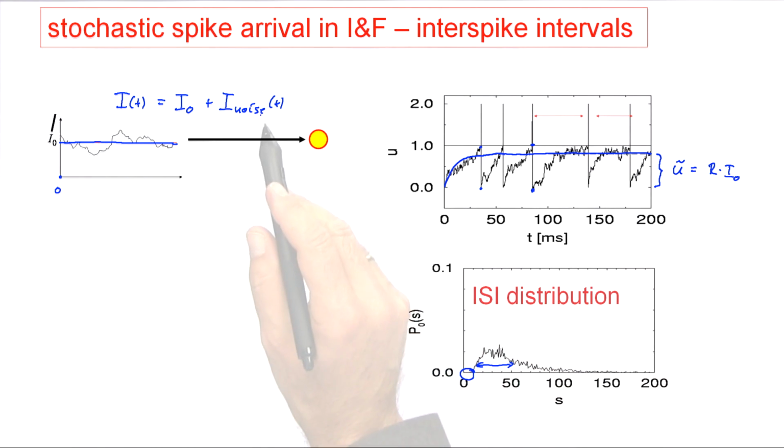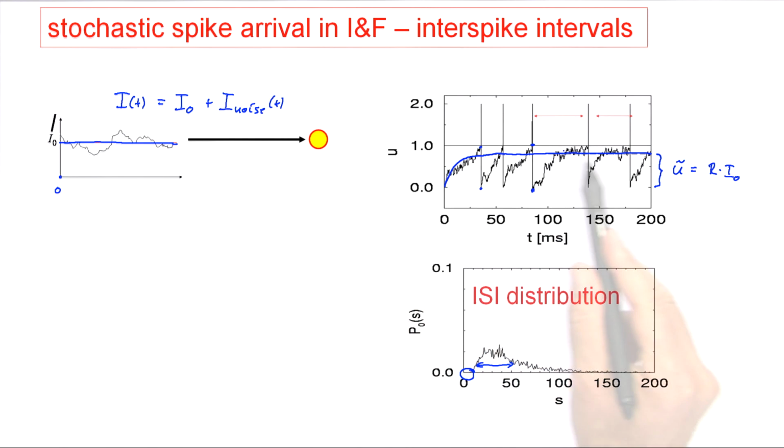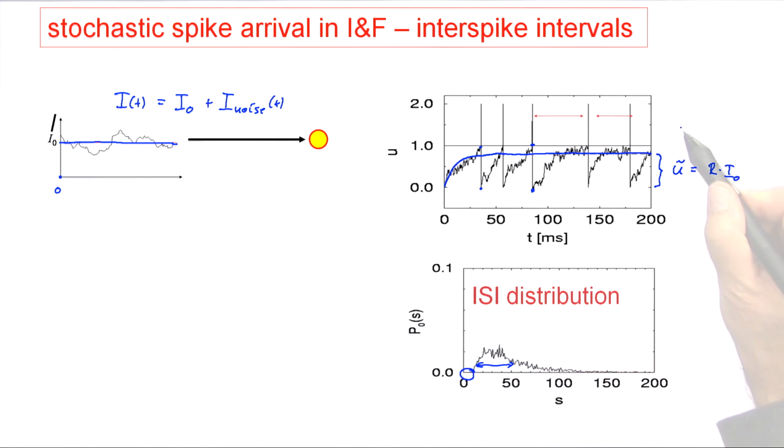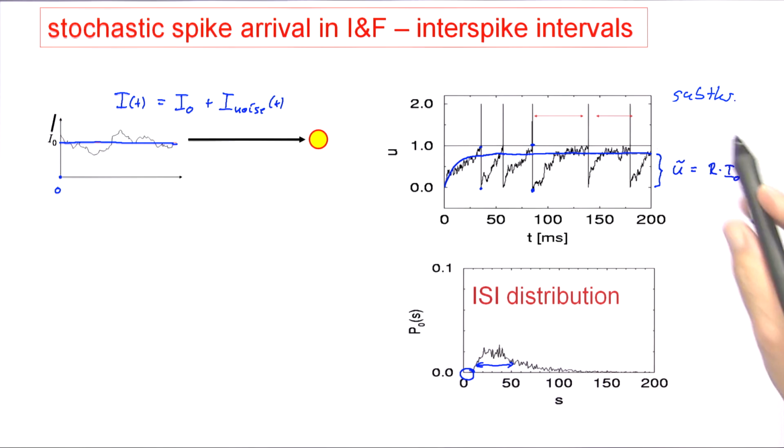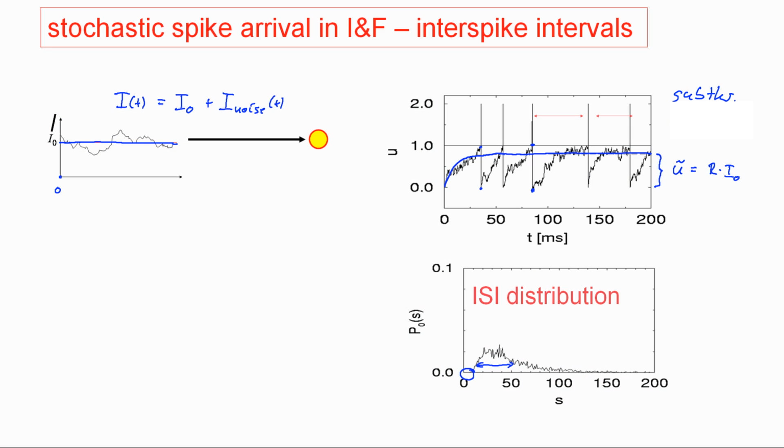Without the noisy contribution, this neuron would never spike. The membrane potential would remain subthreshold. Subthreshold means that this U tilde is smaller than theta, and theta is this value here.